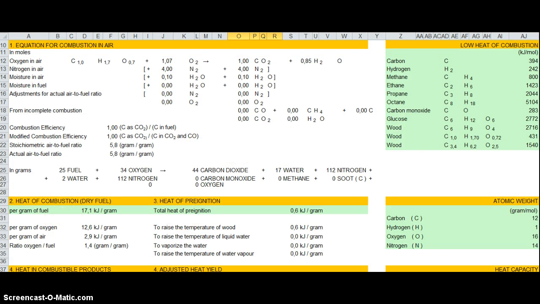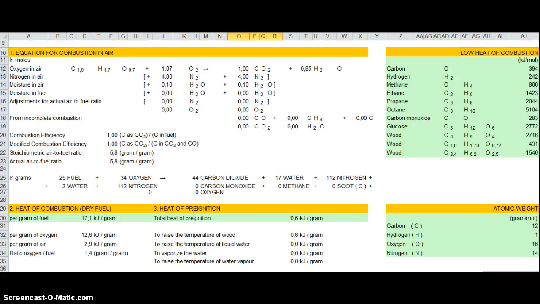So we saw before that the heat of combustion could be expressed by grams of fuel. So in this case, 17.1 kilojoules per gram of fuel. And we saw also that the total heat of pre-ignition could be estimated as 0.6 kilojoules per gram.